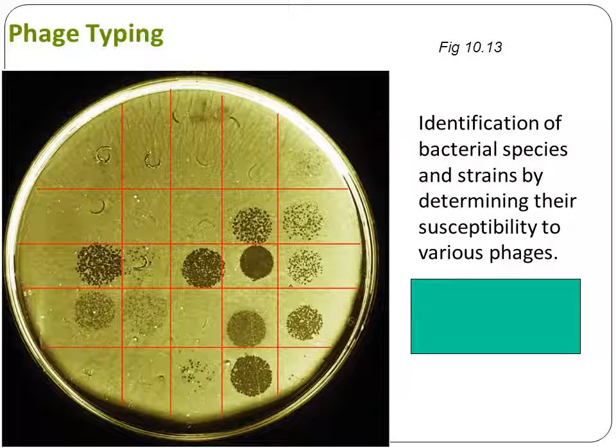So in this plate, we have inoculated the strains of the bacteria, and then we put a drop of each type of phage over each square. The square where lysis takes place indicates that this bacteria was sensitive to this phage. We already know the different types of phages and their specificity to different types of bacteria, so we can use phage typing for the identification of the type of bacteria.